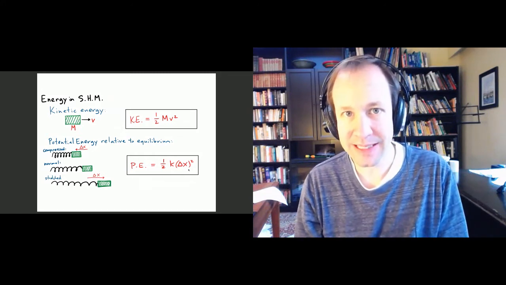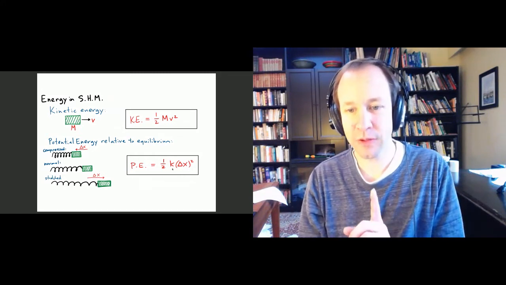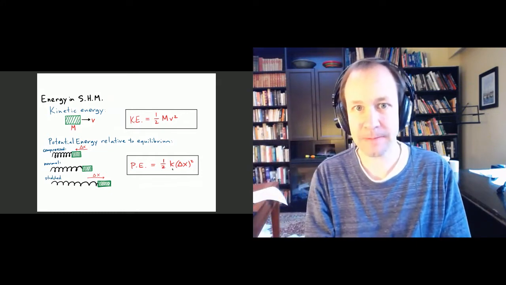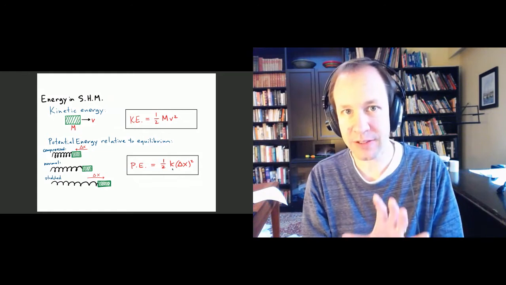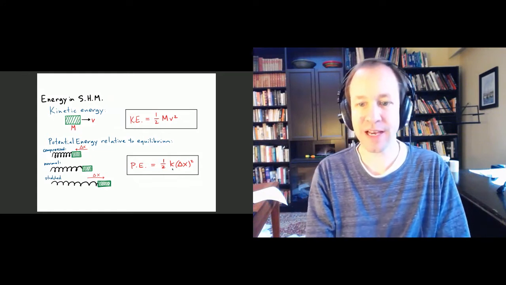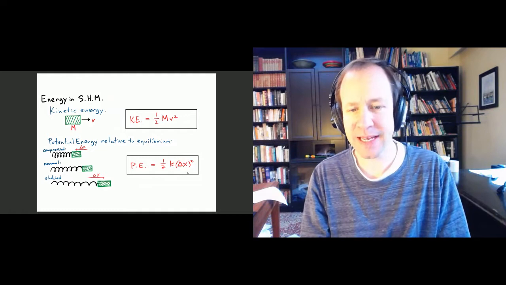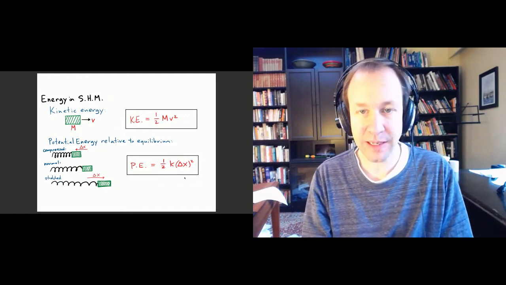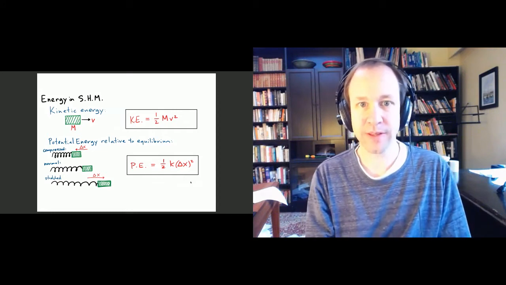It's given by the same formula, except that you use the k for the entire system, like we described in the previous slide. So I'm going to give a quick derivation of that, just to help you understand that. And also, just in general, where does this half kx squared formula come from if you were not familiar with it?